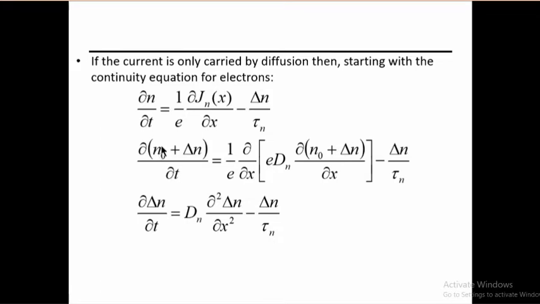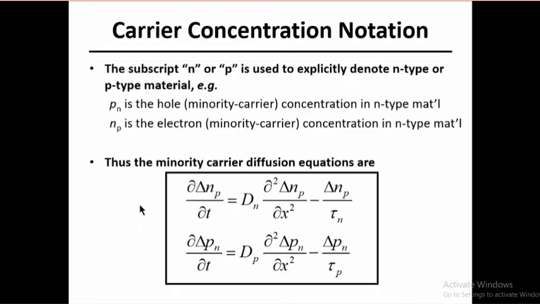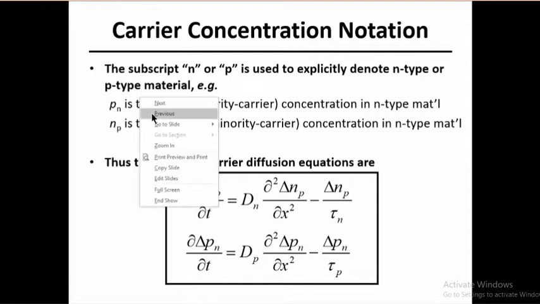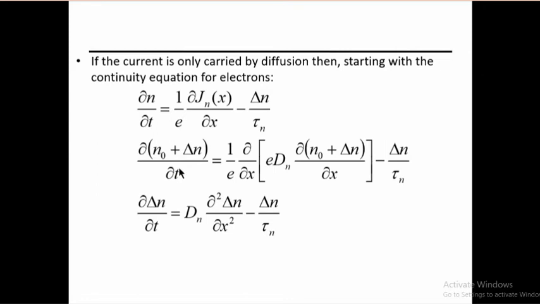And as we said, we took these assumptions: we have a uniformly doped material, so N0 does not get affected by the position, so we will be left only with the change of delta N. So it's only the change of the excess carrier, and for the current as well.